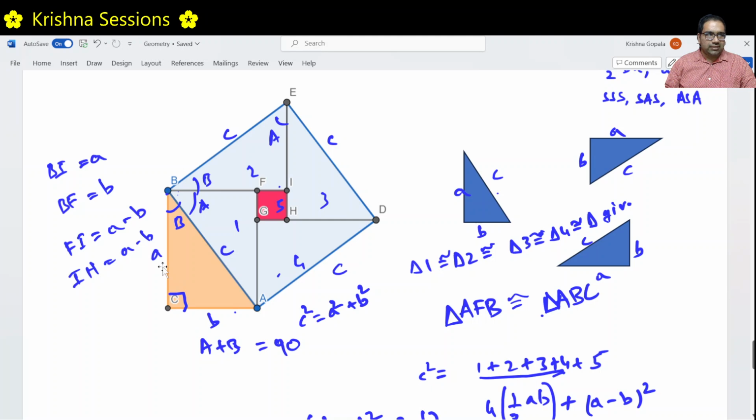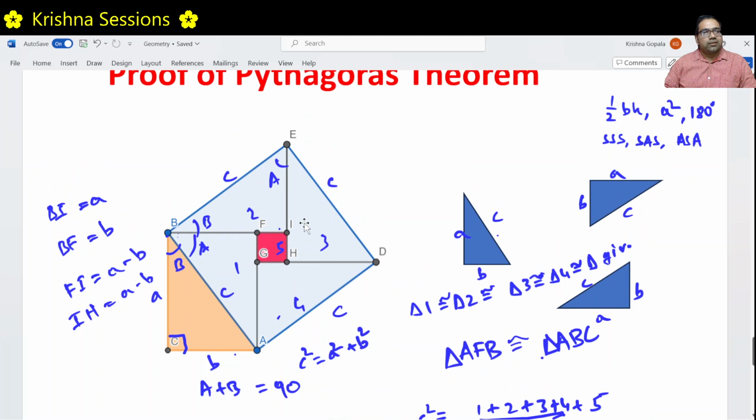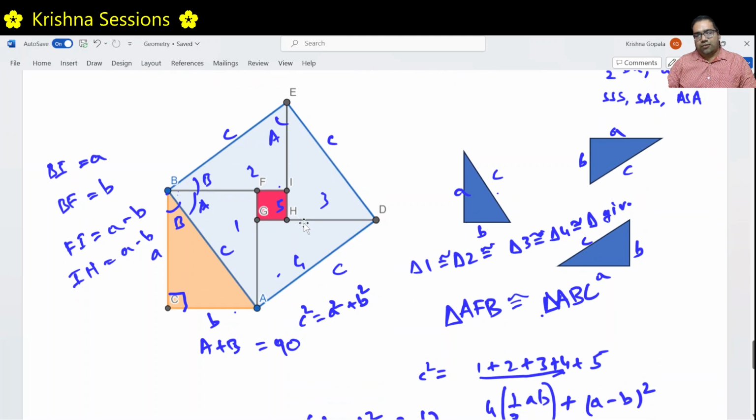Now, because there is a square that is getting formed, and if the sides are equal, then there is no wastage, right? Then also four congruent triangles you can cut from the square. This is the way to cut four triangles from the square, right?